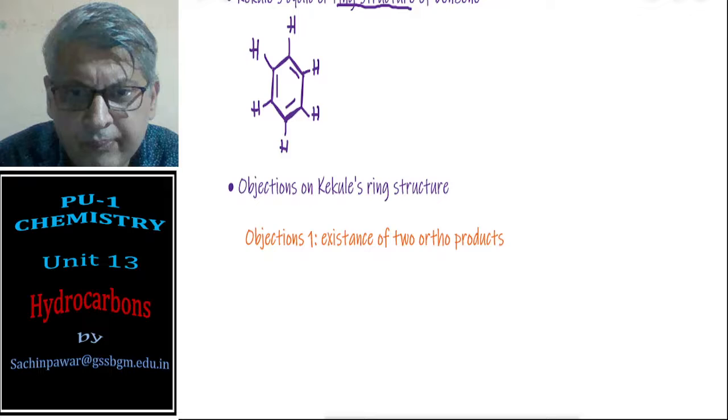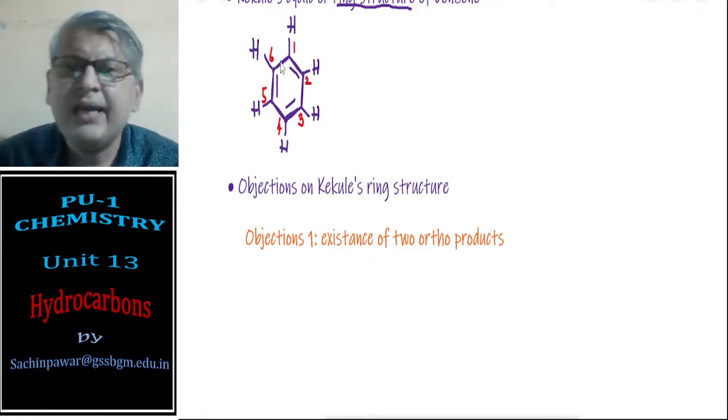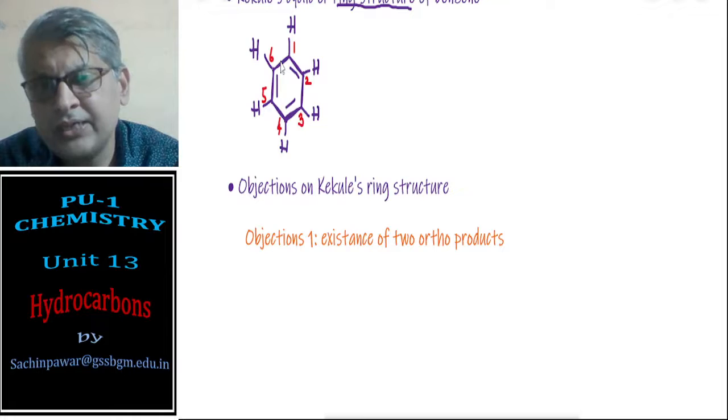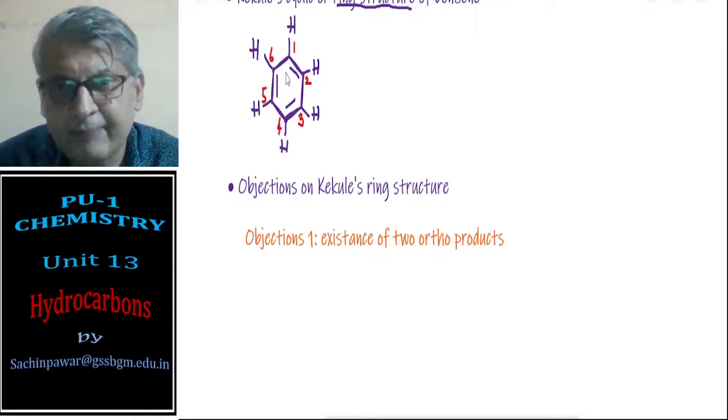If I want to number it, he numbered it as 1, 2, 3, 4, 5, 6. So a 6-membered hexagonal ring with alternate double and single bonds is the structure proposed for benzene by Kekule.